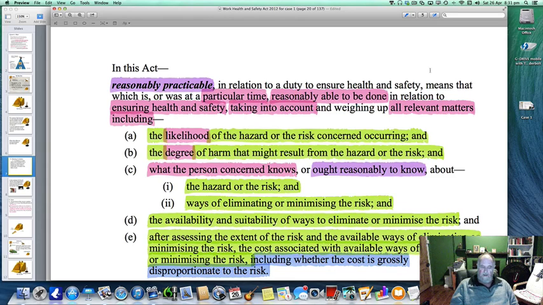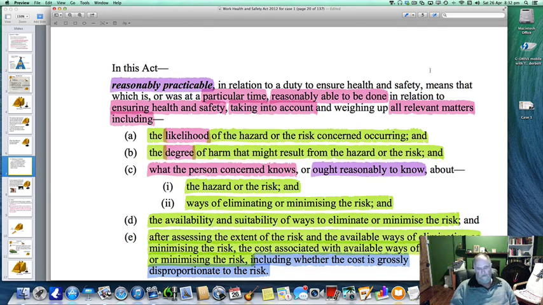It's saying that if you ask what does reasonably practicable mean to you as a person, it means you need to know what you ought to know. In other words, what you ought reasonably to know. You have a duty to look at the machine that you use in your daily work and work out what the safety factors are involved in using it.